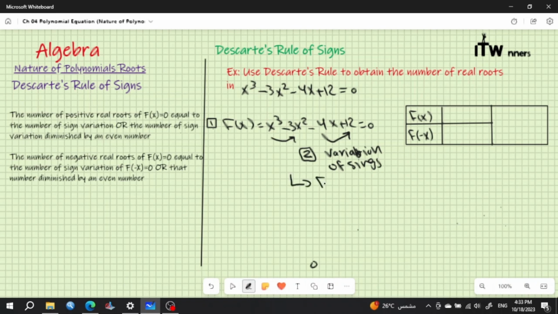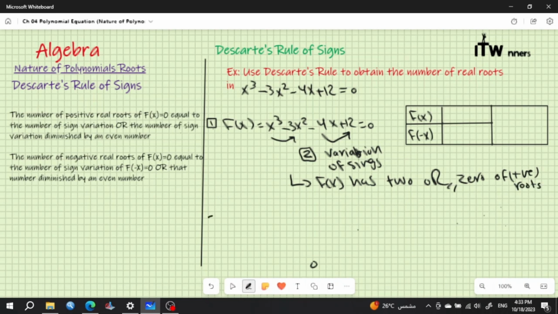Then f of x has two or 0 positive roots.